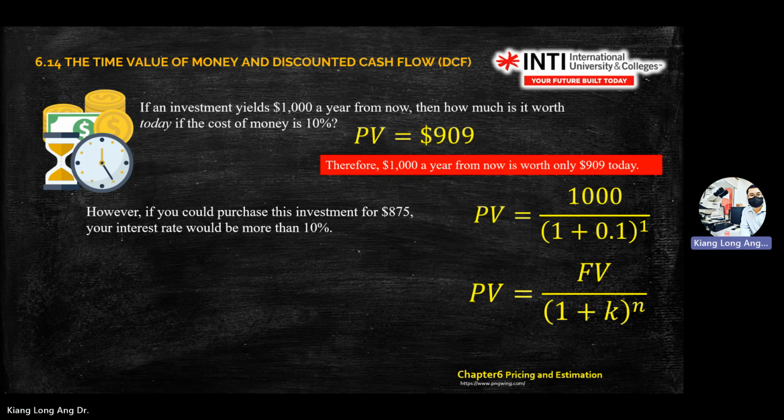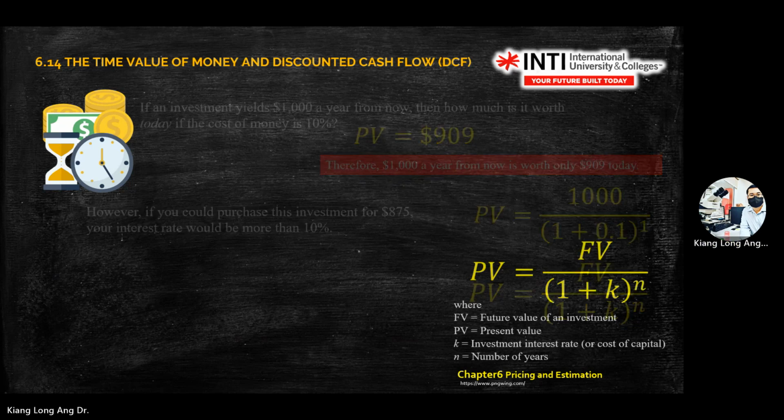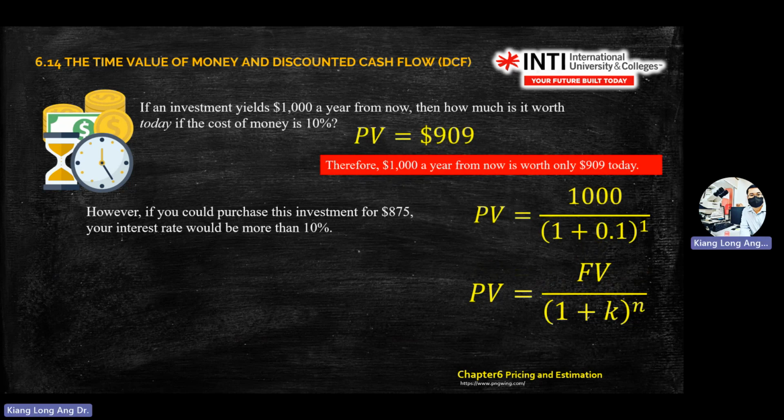If you invest 875, meaning you reduce your capital a little bit, your interest rate will be more than 10% if you want to get the similar 1,000 in return one year later. So if you substitute the values there, you know that your K value will be more than 10%.